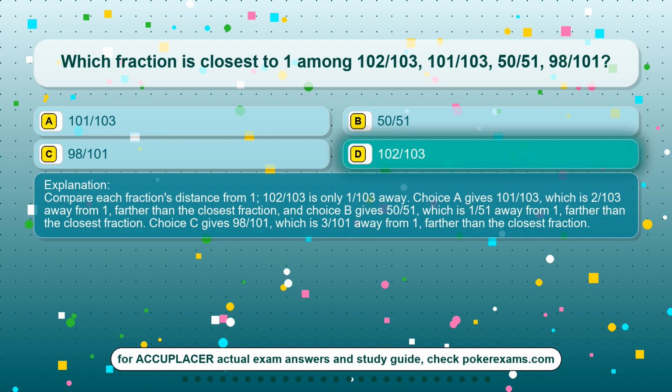Compare each fraction's distance from 1. 102/103 is only 1/103 away. Choice A gives 101/103, which is 2/103 away from 1, farther than the closest fraction, and choice B gives 50/50, which is 1/51 away from 1, farther than the closest fraction. Choice C gives 98/101, which is 3/101 away from 1, farther than the closest fraction.